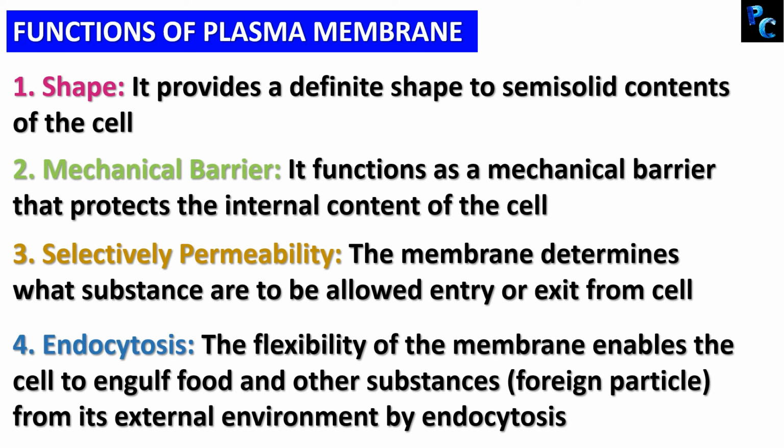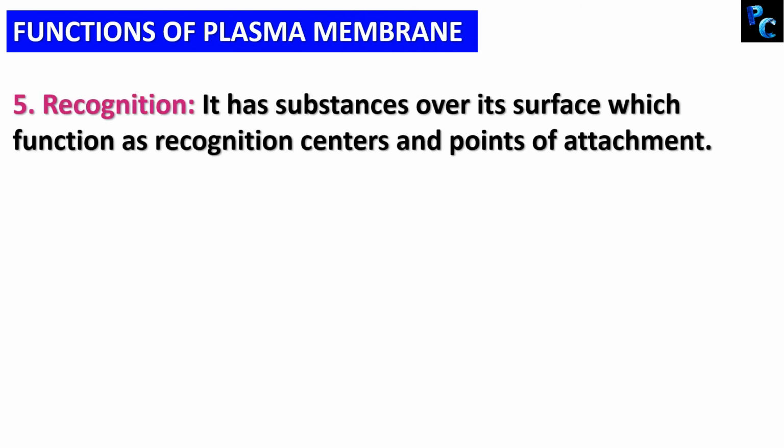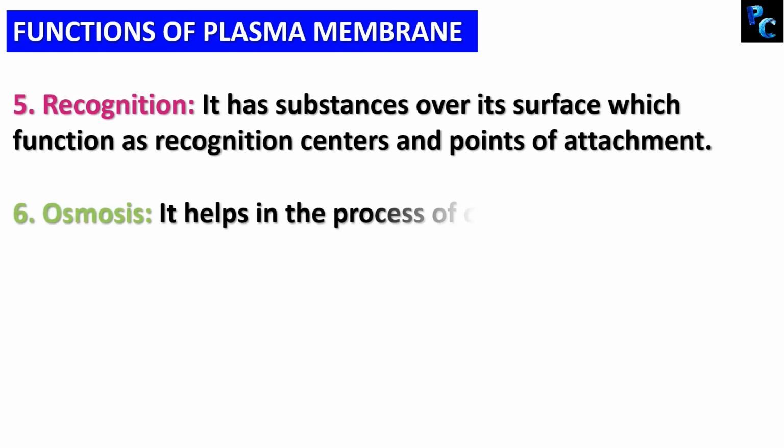The flexibility of membrane enables the cell to engulf food and other substances from its external environment by the process of endocytosis. There are some more functions, like it has substances over its surface which function as recognition centers and points of attachment. It helps in the process of osmosis.